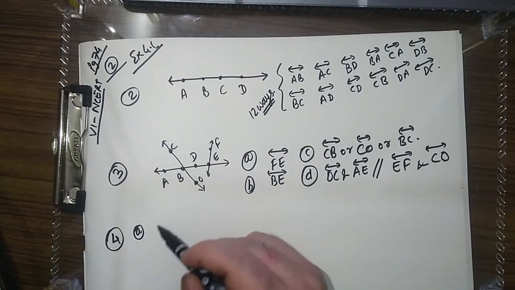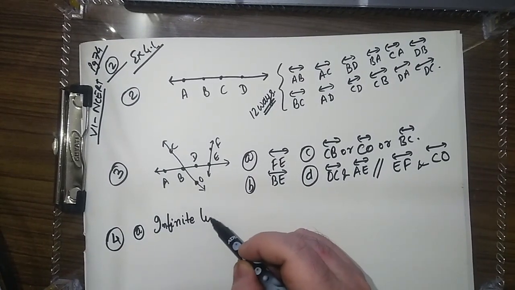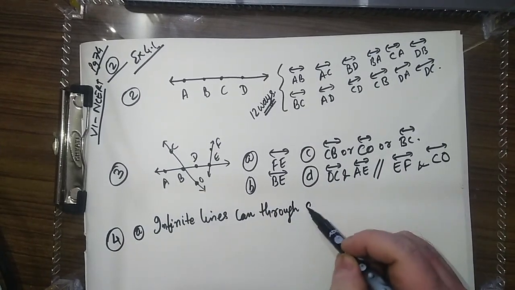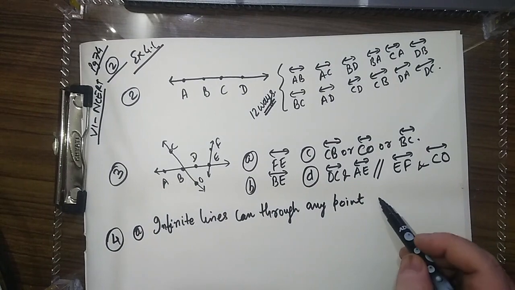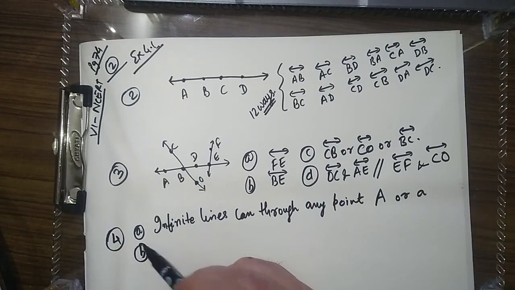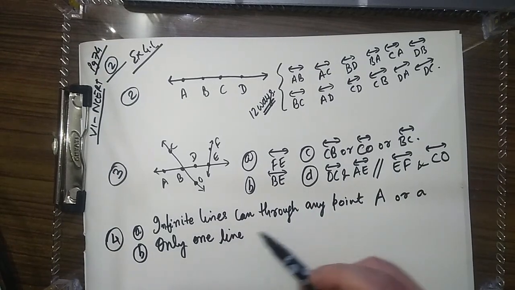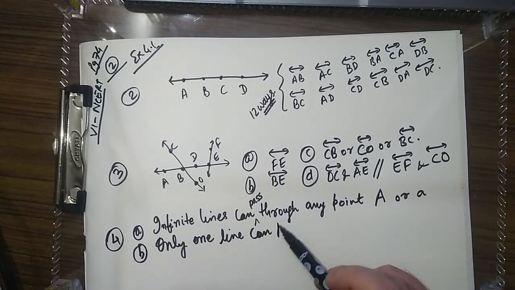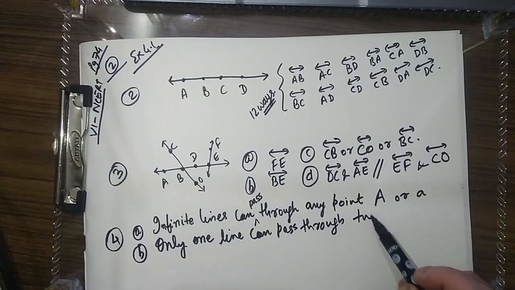So for A, infinite lines can pass through any point A. And for B, only one line can pass through two points.